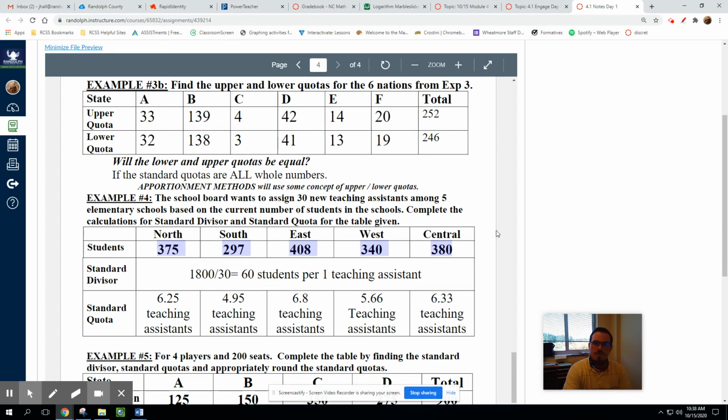So first of all, you need to find the total. Add 375, 297, 408, 340, and 380, and we get 1800. Well, we then use that 1800 to find the standard divisor. 1800 divided by 30. Why 30? 30 are the new teaching assignments that we are going to get.